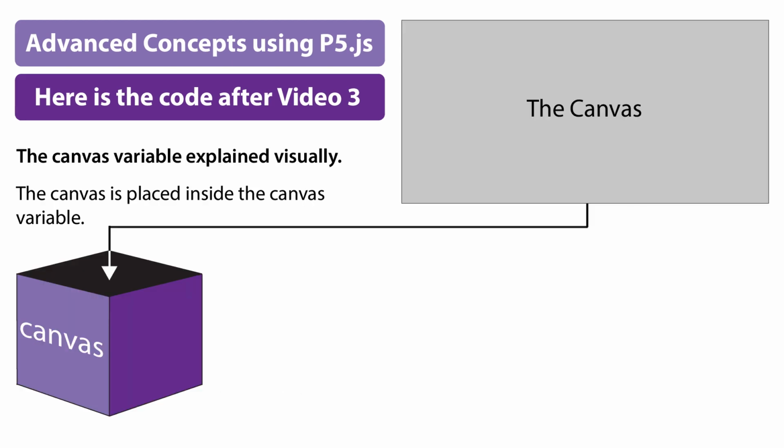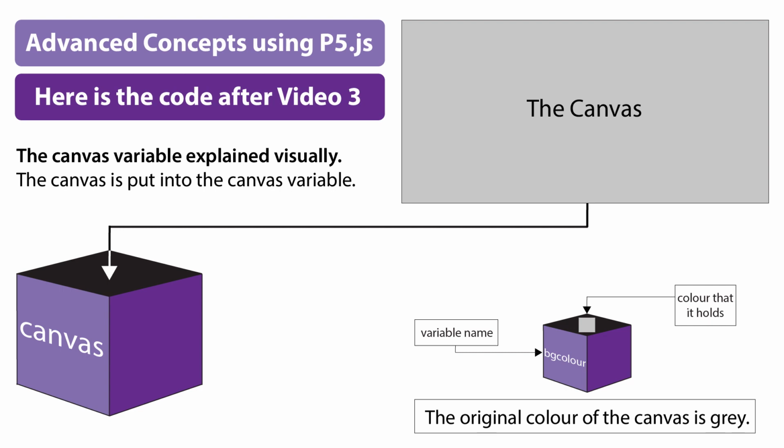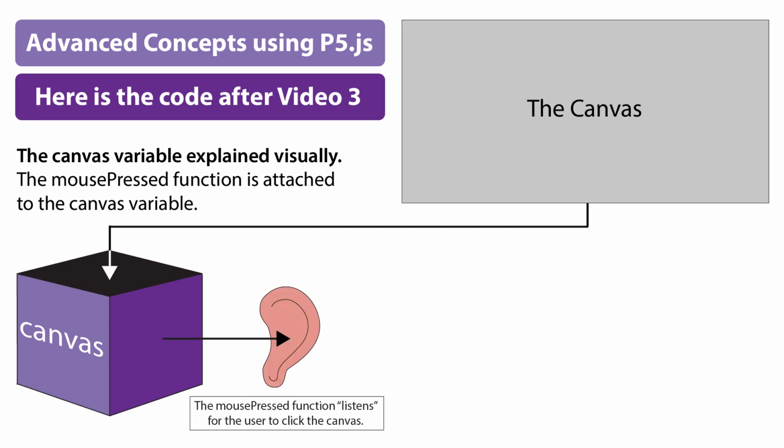So now we see a visual breakdown. First, the canvas is put inside the canvas variable. Here we see the BG color variable is given the color of the canvas, which is light gray. Then we attach the mouse press function to the canvas, so it's listening for the user to click on the canvas.